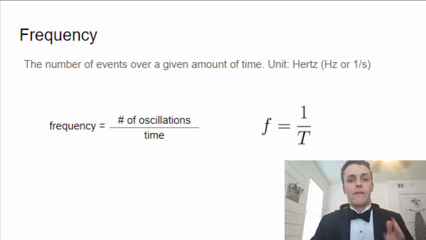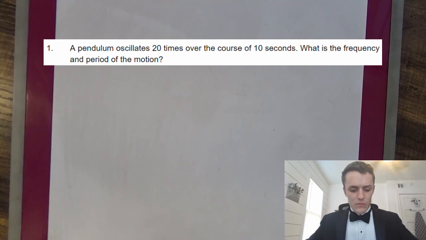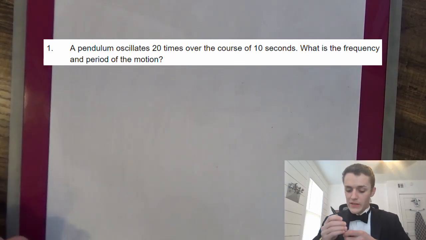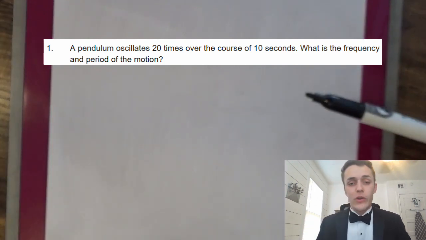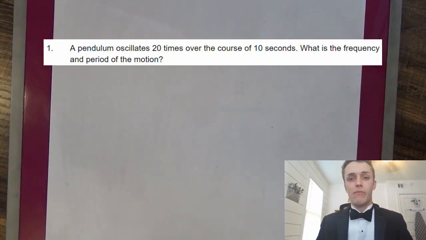That brings us to our very first problem here, number 1, which I will be working out with my handy-dandy whiteboard. Number 1 says, a pendulum oscillates 20 times over the course of 10 seconds. What is the frequency and period of the motion?